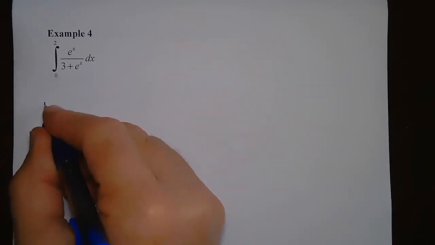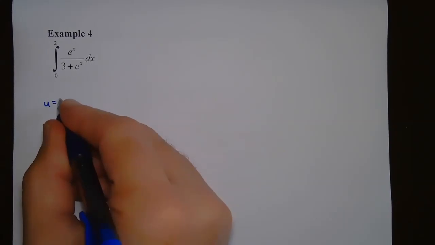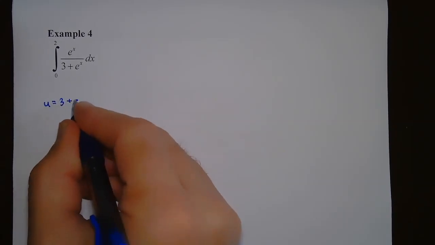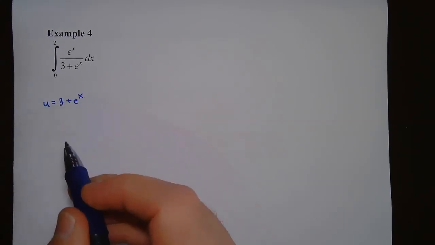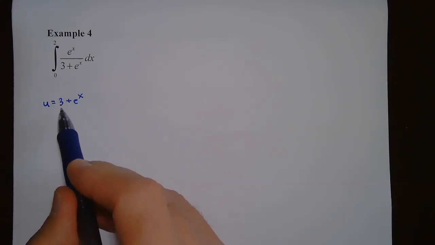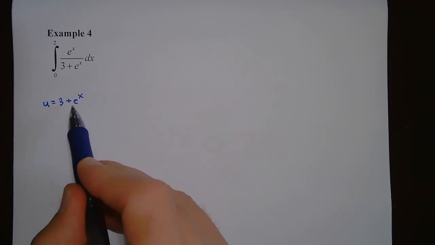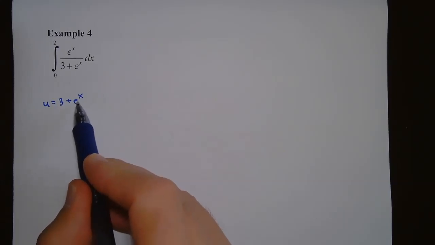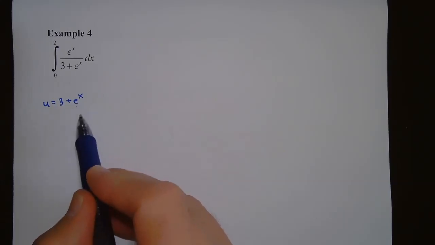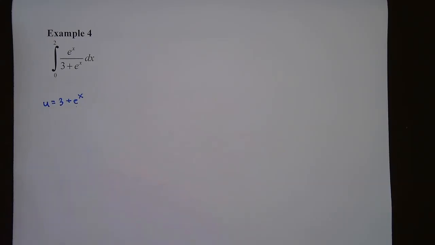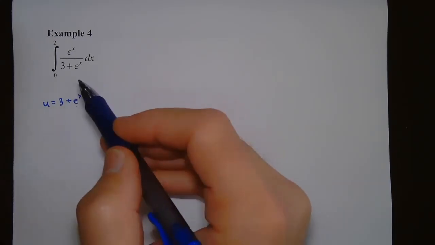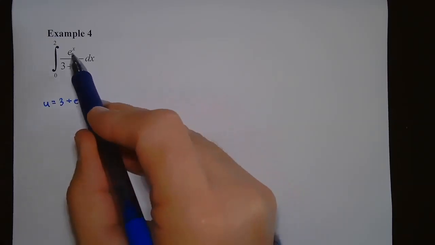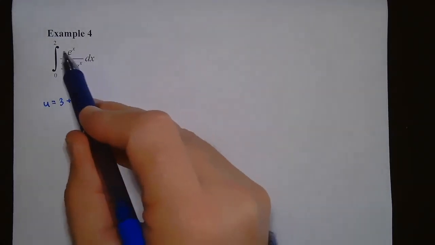So let's take a look. If we let u equal 3 plus e to the x, and we take the derivative of this with respect to x, then this 3 is going to be 0, and the derivative of e to the x is just e to the x. And then we have our dx. So when we do our du, it's going to pick up this e to the x on top and the dx.